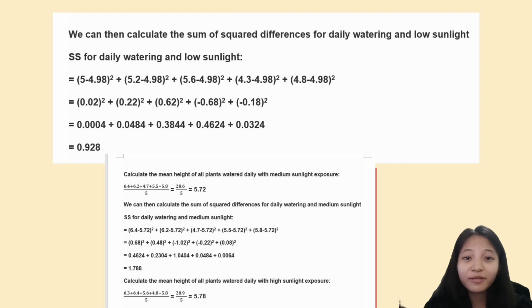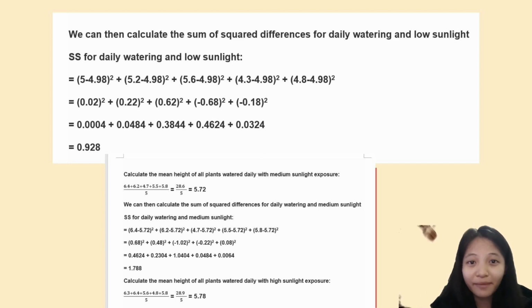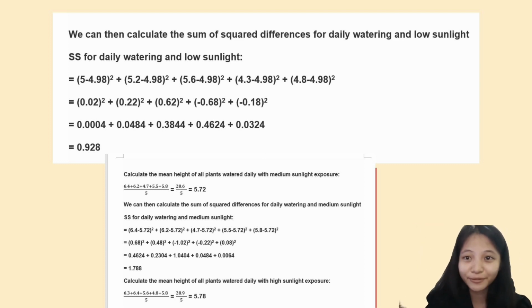So, 6.4 minus 5.72 squared plus 6.2 minus 5.72 squared plus 4.7 minus 5.72 squared plus 5.5 minus 5.72 squared plus 5.8 minus 5.72 squared equals 1.788. So, 1.788 is your sum of square differences for factor A with medium sunlight exposure.